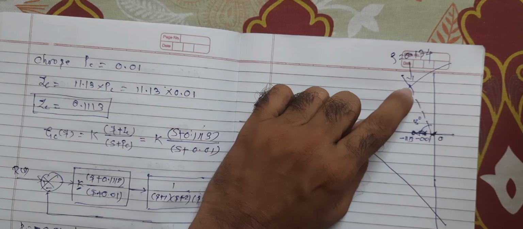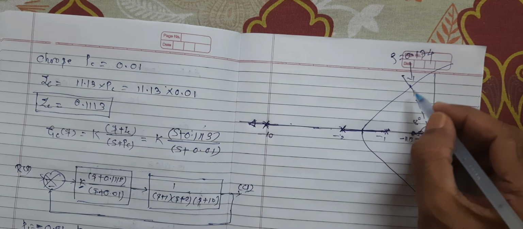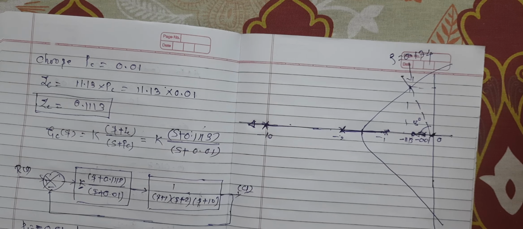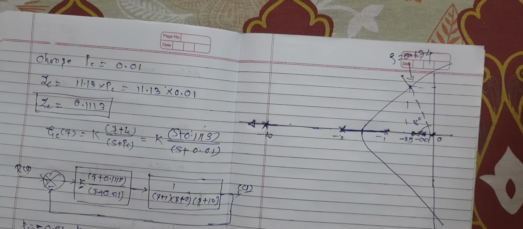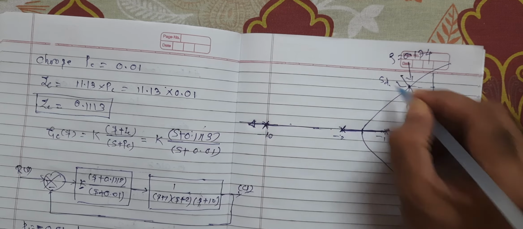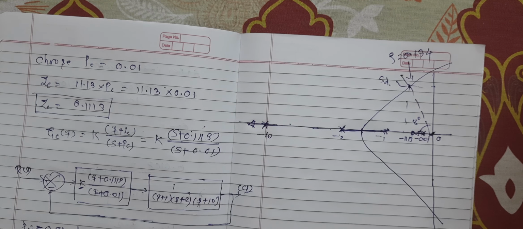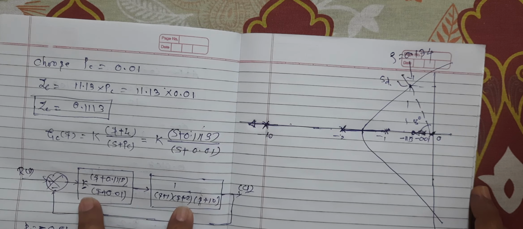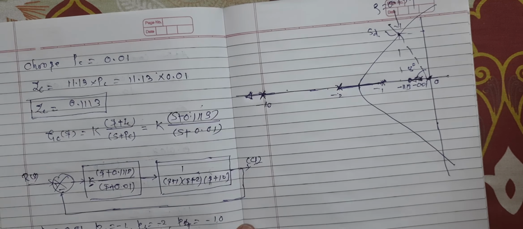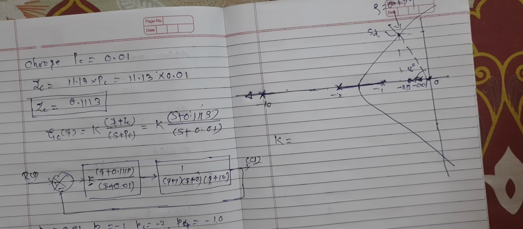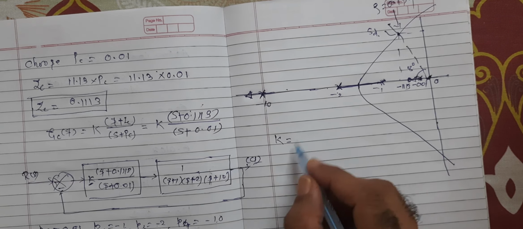So we find this point and this point, and that is our desired location of the poles. After finding that, you put the value into the equations and find the value of k. I have done these procedures and I think k comes to 158.